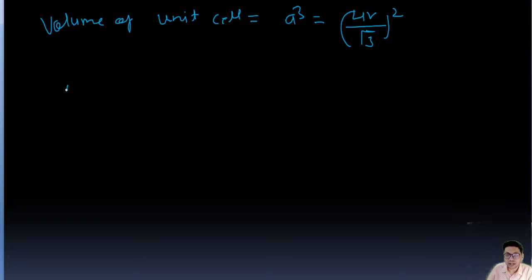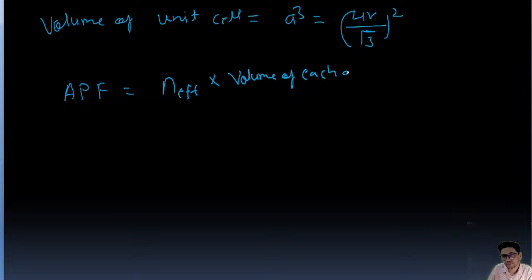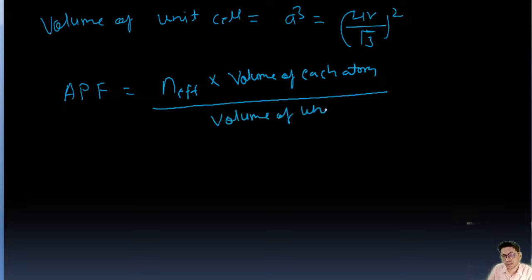Now we'll find the atomic packing fraction for BCC. That formula I have already explained, right? It is N effective into the volume of each atom upon the volume of the unit cell.